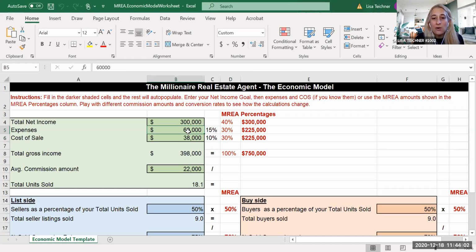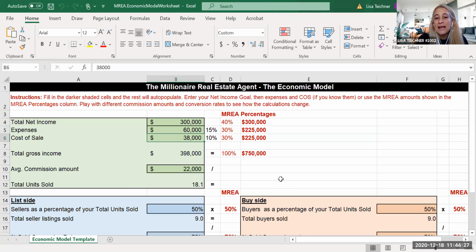So what I did is I said, okay, well, my expenses are $60,000. And by the way, marketing is usually 10% of that. And then there may be whatever other expenses you have, and you can create a budget sheet around this. But say my expenses are $60,000 a year for everything related to marketing, or maybe paying an admin assistant or something like that.